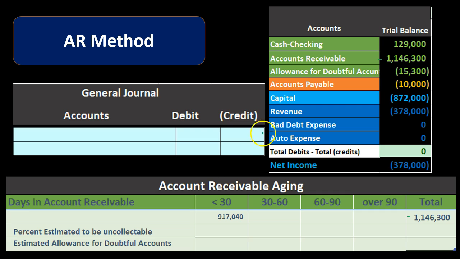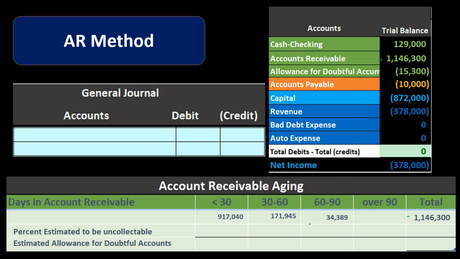So if we go through all these accounts and we were able to break this out, and of course software can do this very easily for us, give us an aging account. We're going to say that with either current or past due for 30 days, this is current, I guess. And then between 30 and 60, this is how much of this amount, this 1,146,300, belongs here. 60 to 90, we're saying is this amount of the accounts receivable.